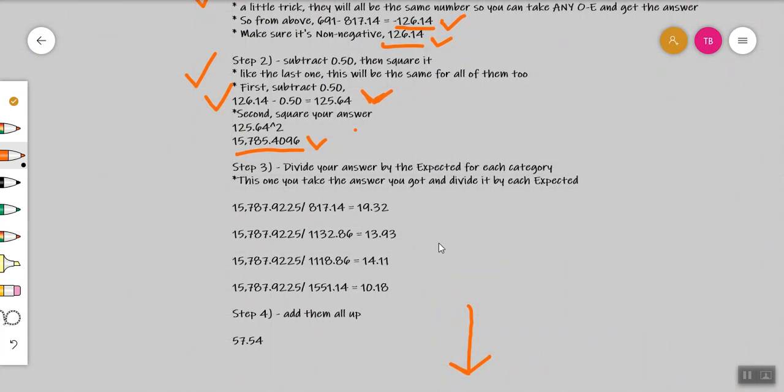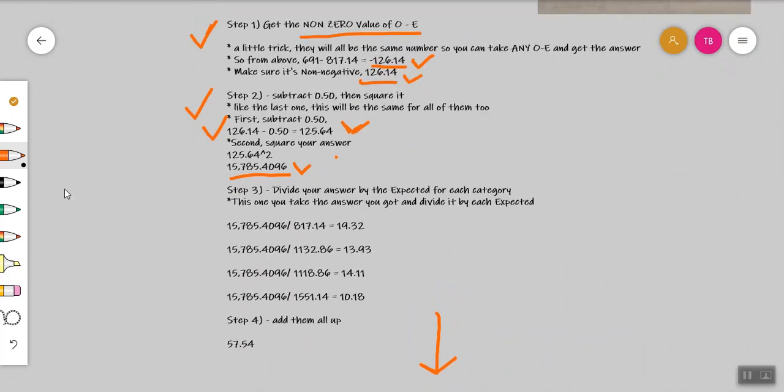All you have to do is take the number you just got, and you're going to divide it by the expected from each category. You can see this number over here is going to be the same each time as the number we had up here.